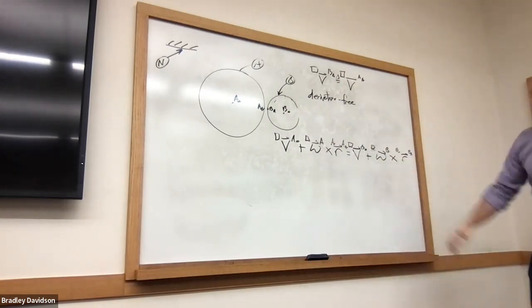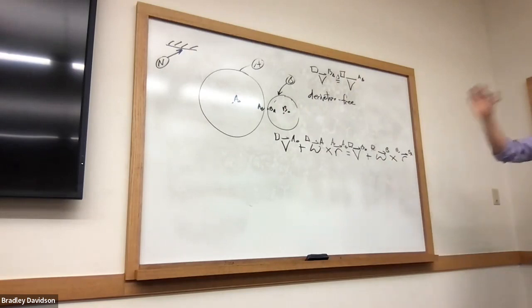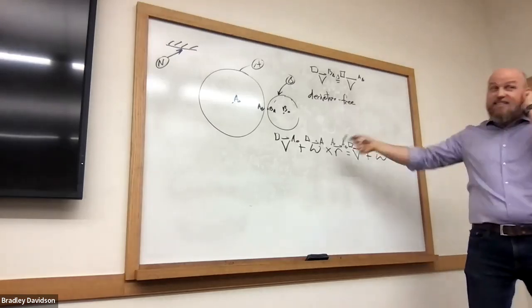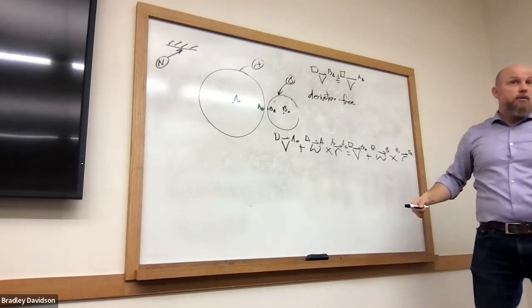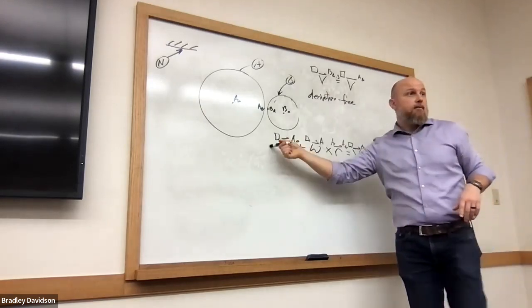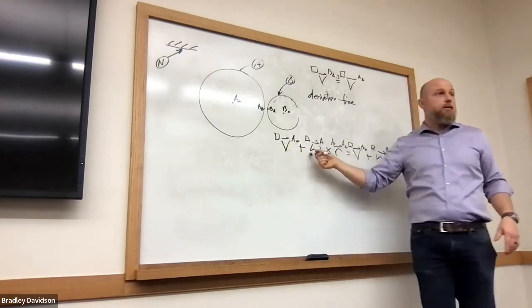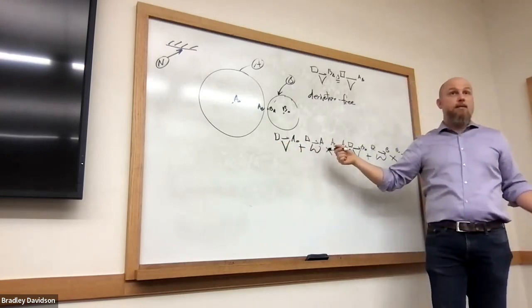Now these are good for continuous points and they're good for instantaneous points. That's what's nice about the derivative-free formulation. Because what is it that's instantaneous here? The velocity of A? No. Is it omega? No, that's continuous.